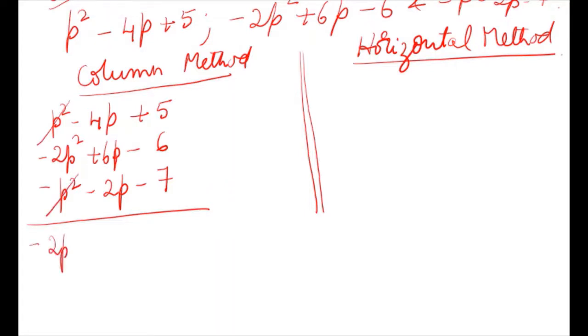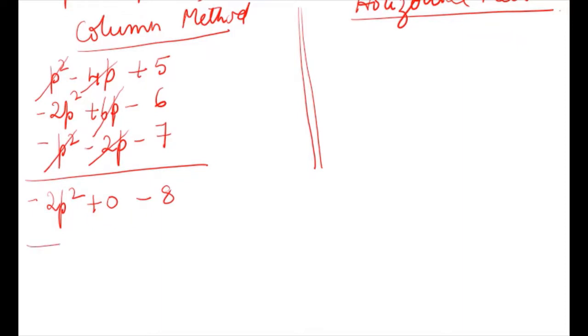So minus 2p square, here we are left with. Then minus 4p minus 2p is minus 6p and plus 6p becomes 0. Then plus 5 and minus 6 is minus 1. Minus 1 and minus 7 is minus 8. So your answer is minus 2p square minus 8.